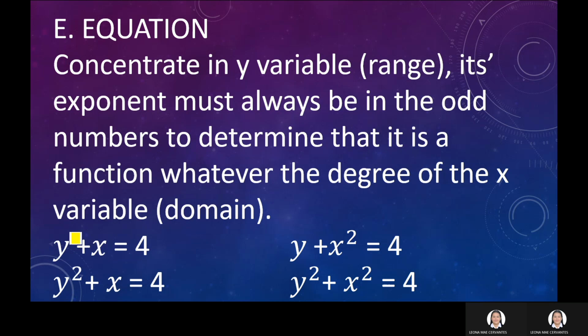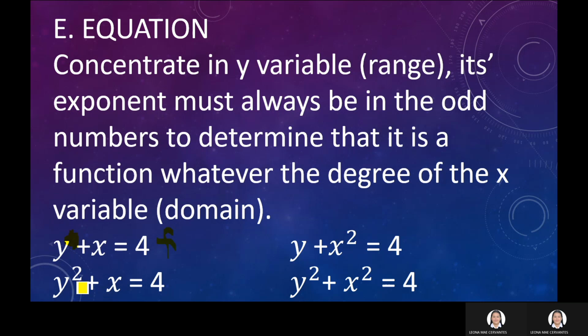So first example, y plus x equals 4. The exponent of y is 1, which is an odd number. Then this is considered as function.